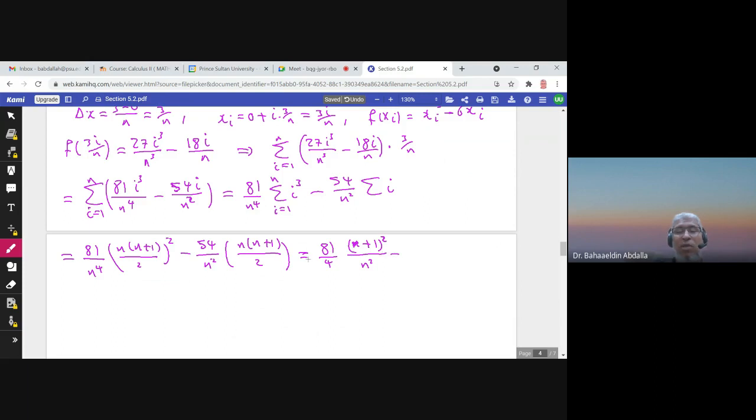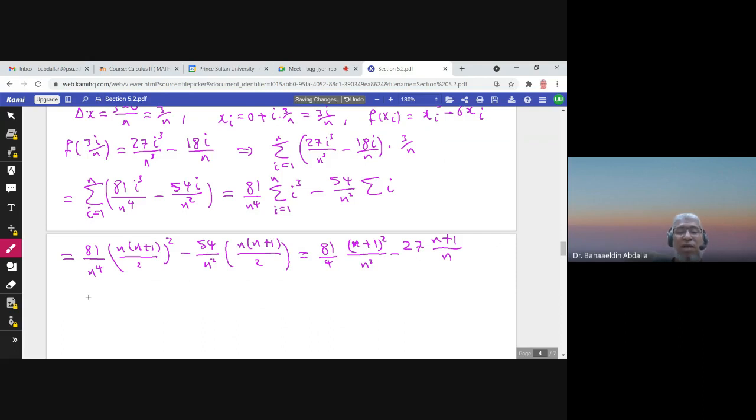If you distribute the 2, you have n square cancels with n to the power 4 and n plus 1 square, minus 54 over 2, that's 27. 54 over 2 is just 27. And n with n square, so I will have n in the denominator and n plus 1 in the numerator.